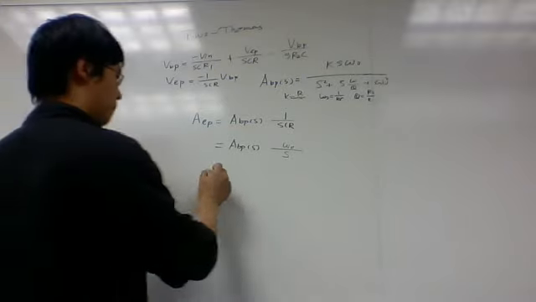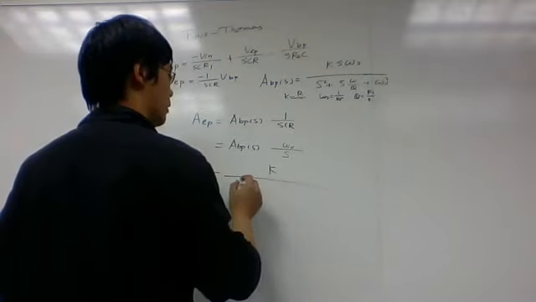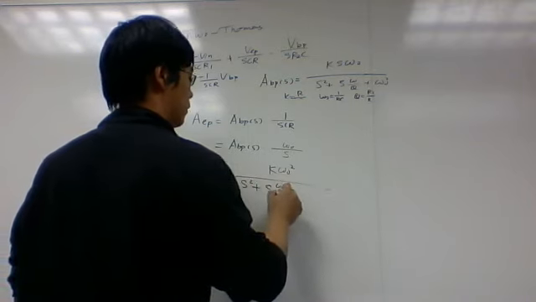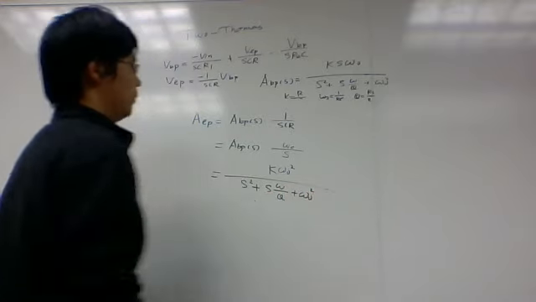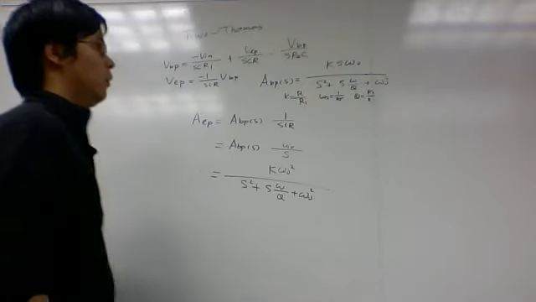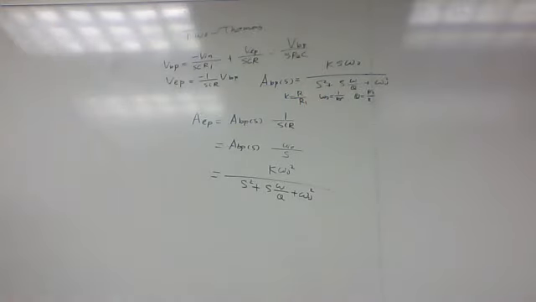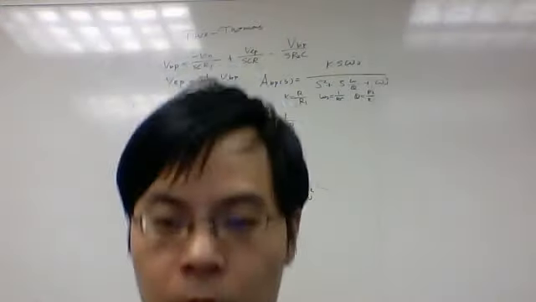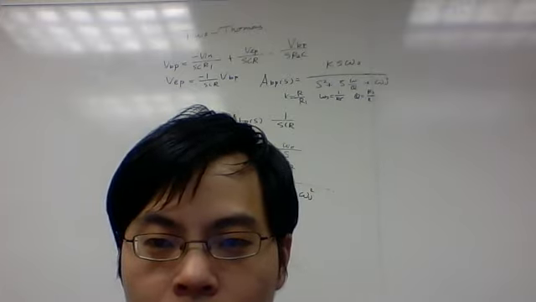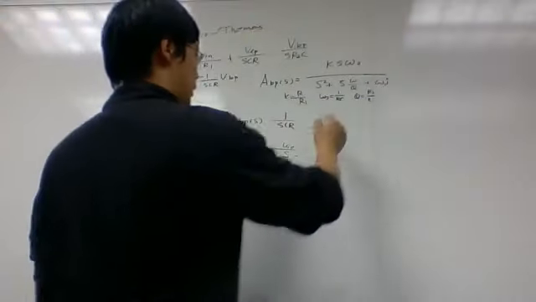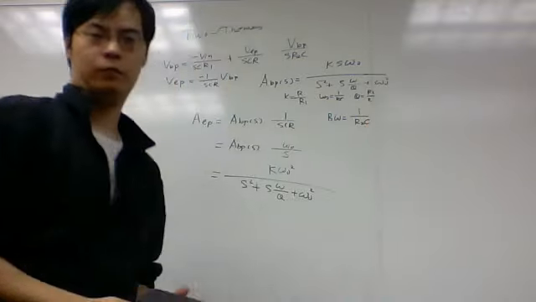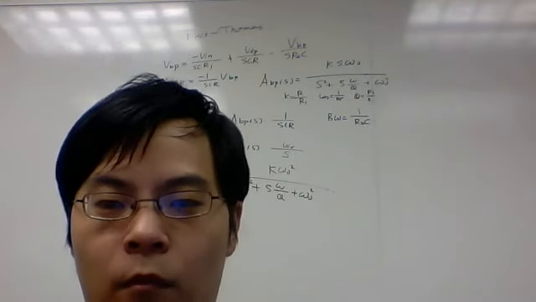So it will be K times omega naught squared over S squared plus, okay? So that's the whole thing. So it's low pass and band pass. And here I forgot to mention the bandwidth is 1 over R2C, okay?